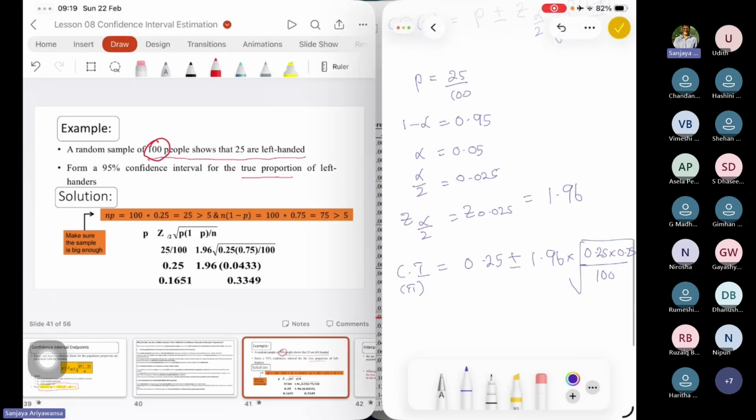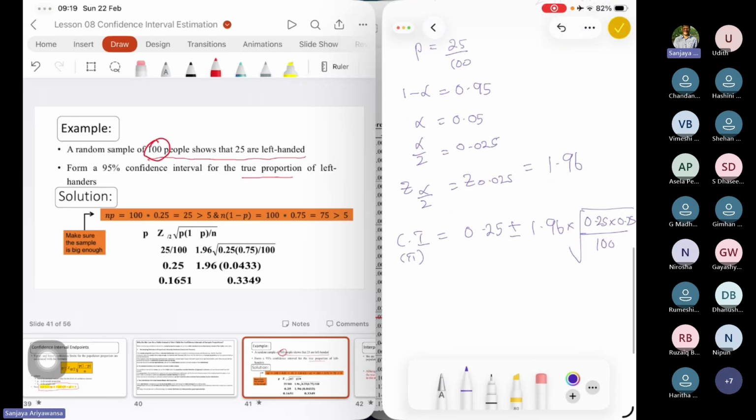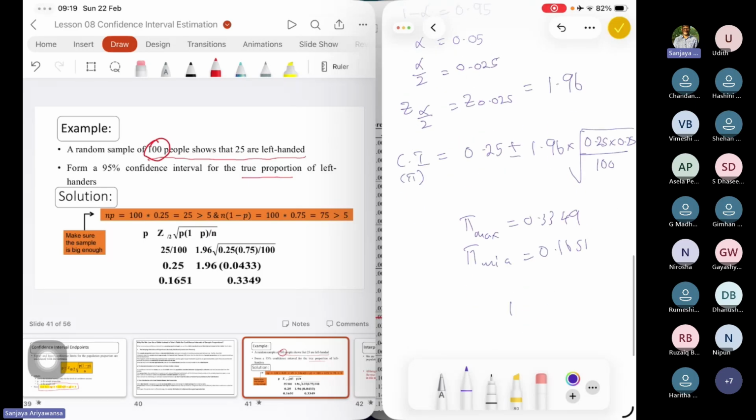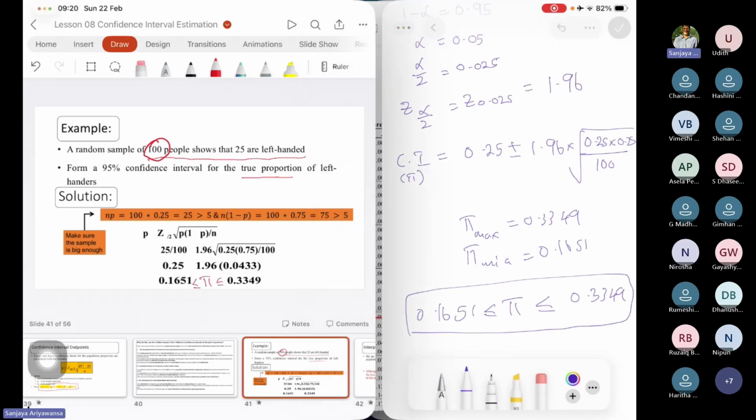From this I get the answer for pi. The maximum value of pi is 0.3349 and the minimum value is 0.1651, but we were asked for an interval. So pi lies between 0.1651 and 0.3349. This is the confidence interval that we are looking for.